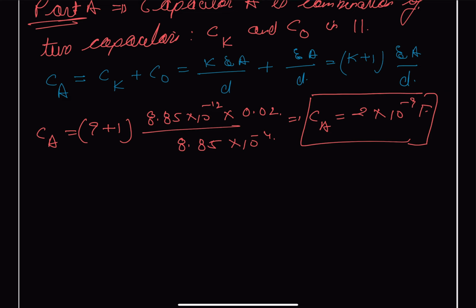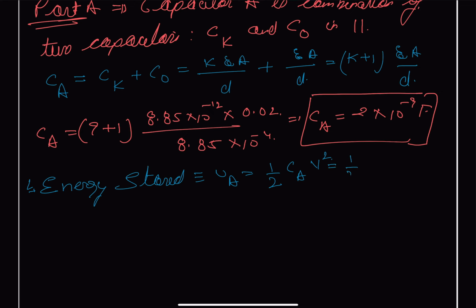Now we can easily find out the energy stored, because this capacitor is connected to a 110 volt battery. So we can say that our energy stored, let us call that UA, will be equal to half CA V square.